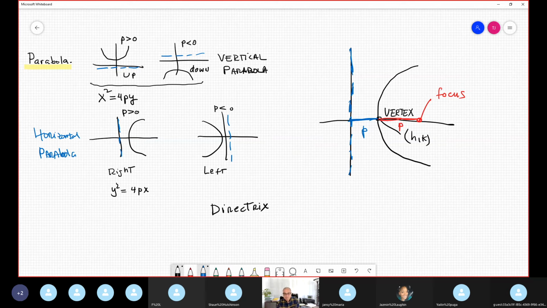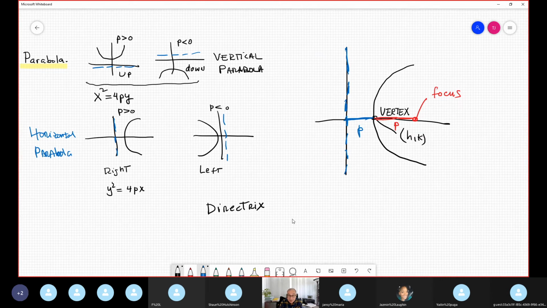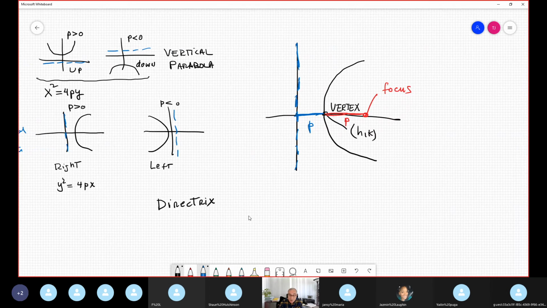Okay? Now, one more piece of information. The directrix is a line, the focus is a point, and the distance is p in both directions. And we have the focal diameter. The focal diameter is that distance.